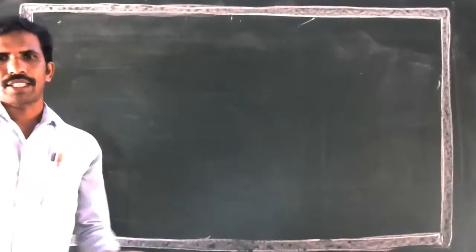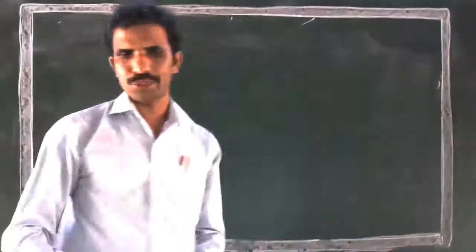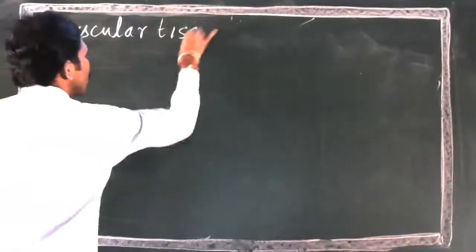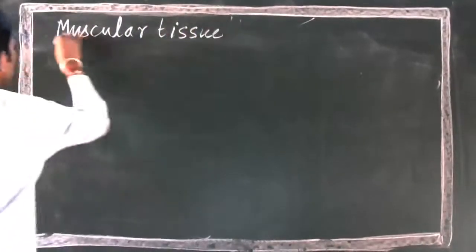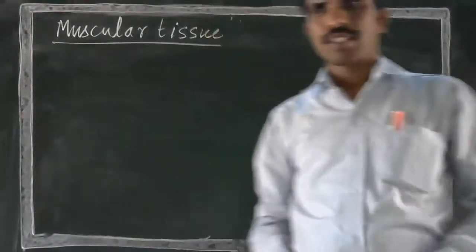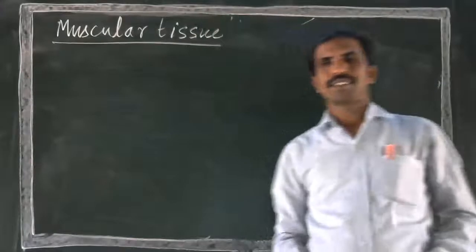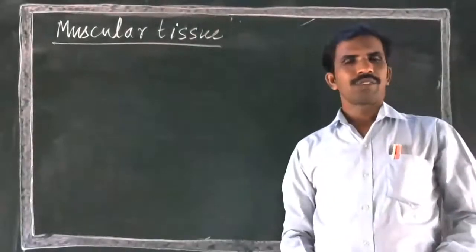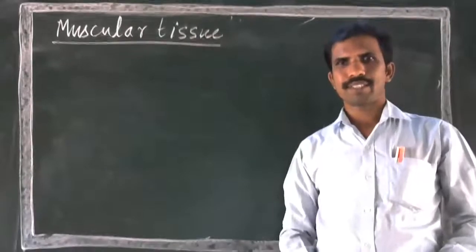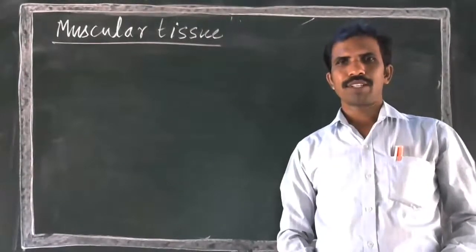So we'll start with the next type of tissue, that is muscular tissue. Muscles. This tissue is related to muscles. It is a very important tissue.